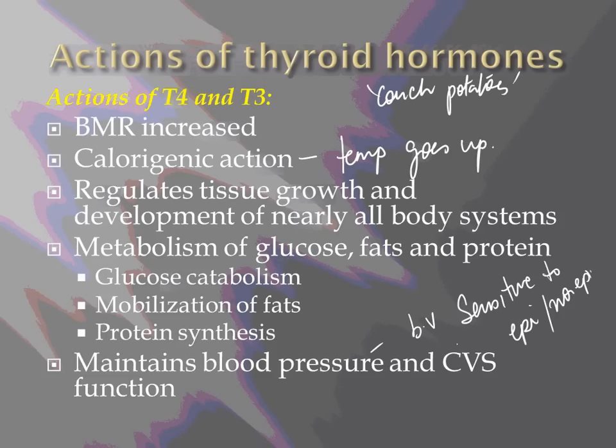High or low? High, because if it's making the blood vessels sensitive to epinephrine and norepinephrine, more thyroid hormones will make them more sensitive, right? Someone with low thyroid hormones will have low blood pressure. The blood pressure will be lower than normal, okay? So these are some of the functions of the thyroid hormones.